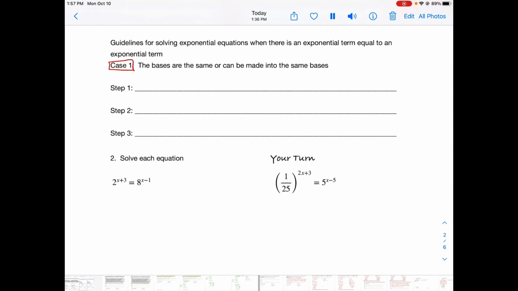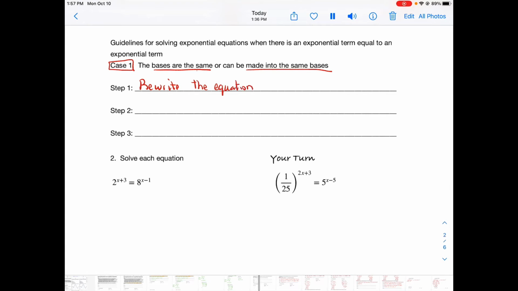The first case we're going to look at is if the two exponential terms have the same base or can be made to be the same base. Then the first thing you're going to do is rewrite each exponential term so that they have the same base. So we're going to rewrite the equation to make the bases the same.